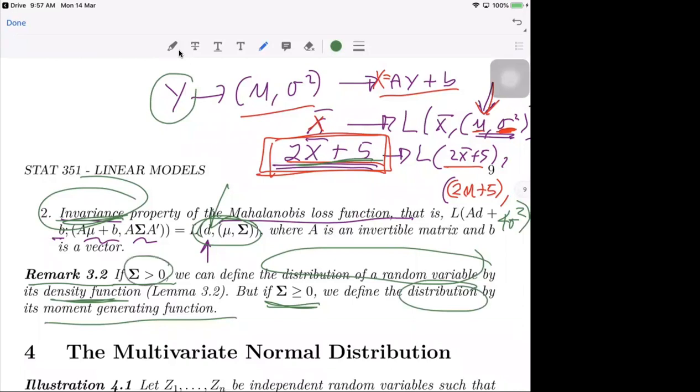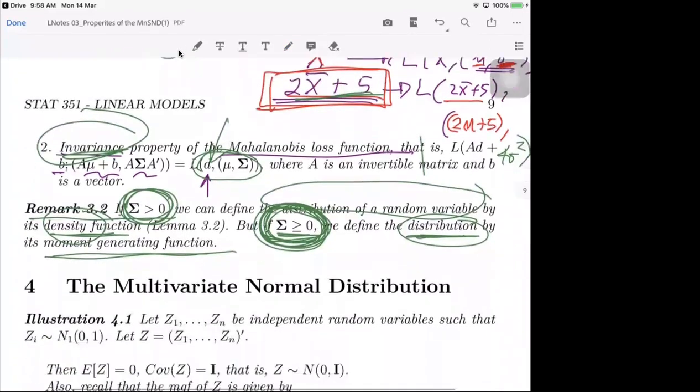Since we are not assured of a positive definite covariance, we are not sure whether a density function exists. That's why we usually solve some properties of the distribution using the moment generating function, because we are sure that it's non-negative definite. So to check some properties of the distribution, we use the concept of moment generating function.